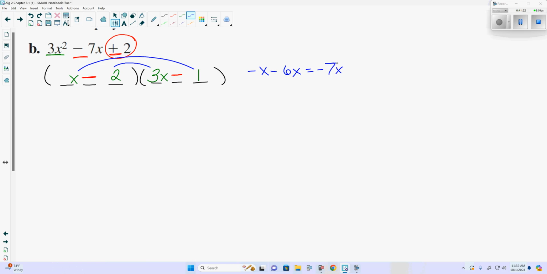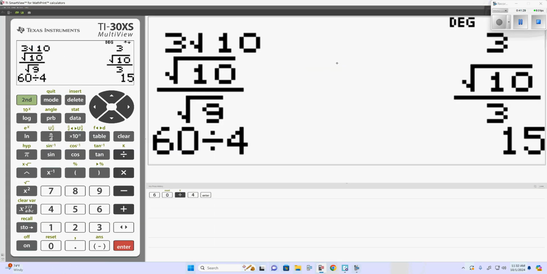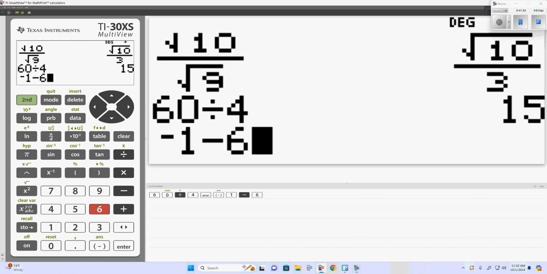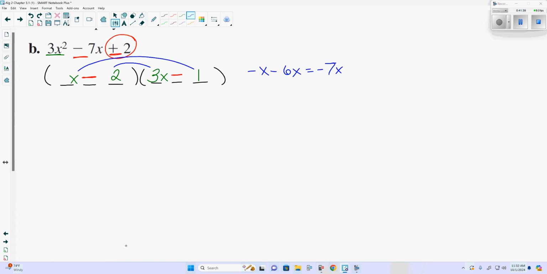Negative x minus 6x is the same as negative 1 minus 6, which is negative 7. We can't plug the x into the calculator, but we can subtract the coefficients, the numbers in front of them. Is negative 7x the middle term we wanted? So x minus 2 times 3x minus 1 are the correct factors for this here.